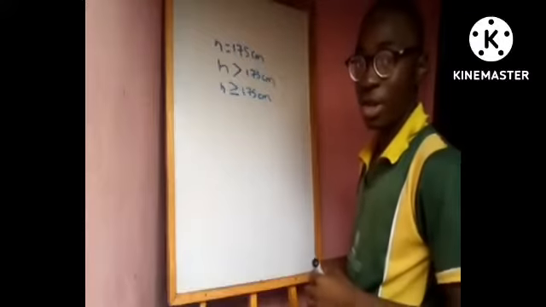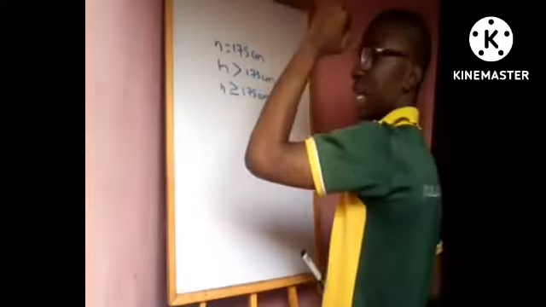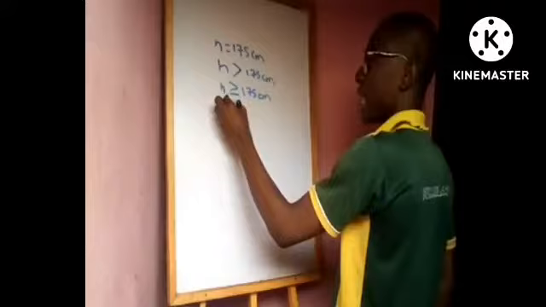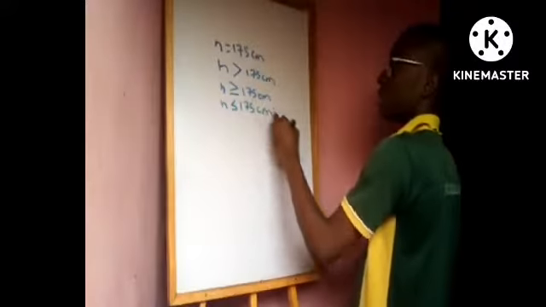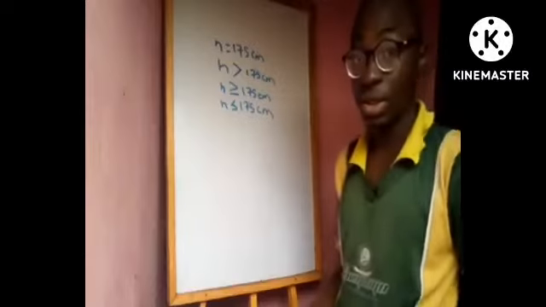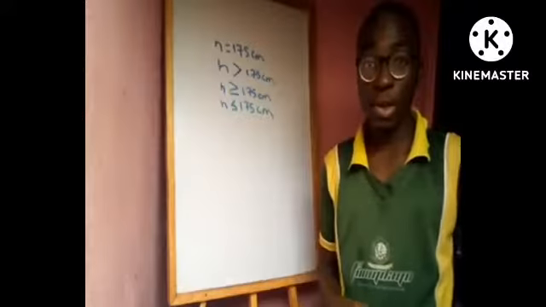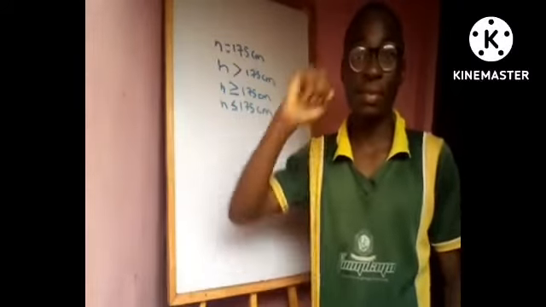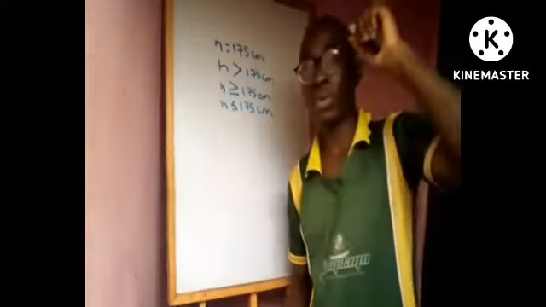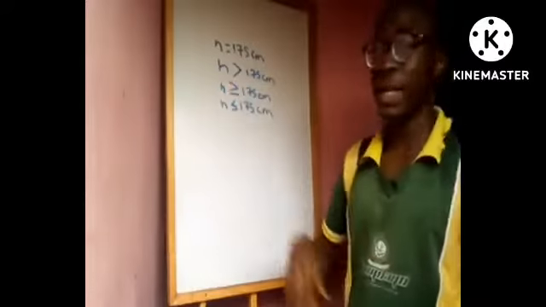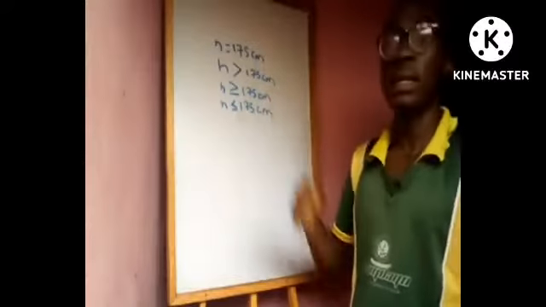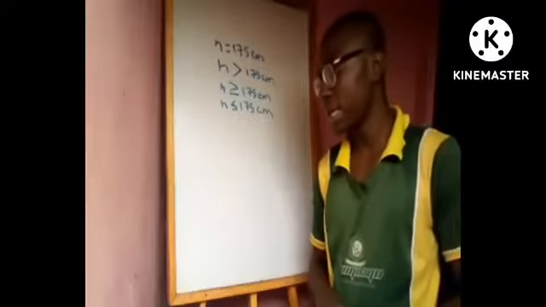If the height is lesser than or equals to 175, I would use height is lesser than or equals to 175 centimeters. So these are the various symbols and notations we would use in linear inequalities: the greater than symbol, the lesser than symbol, the greater than or equals to like this, and the lesser than or equals to like this.